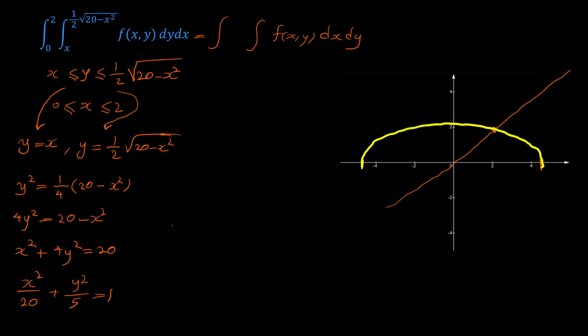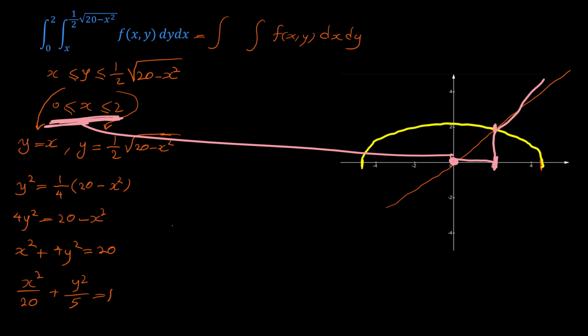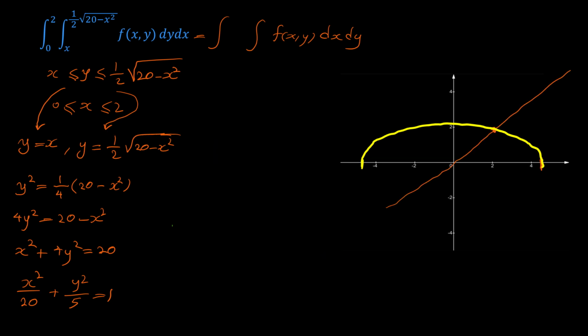But attention, x is between 0 and 2. We have the other condition. If x is from 0 to 2, 2 is exactly the point where the ellipse and this line intersect. Let me show you the reason why they intersect exactly at 2.